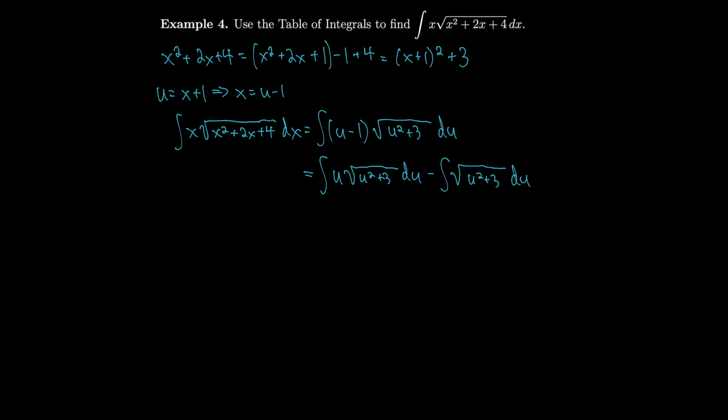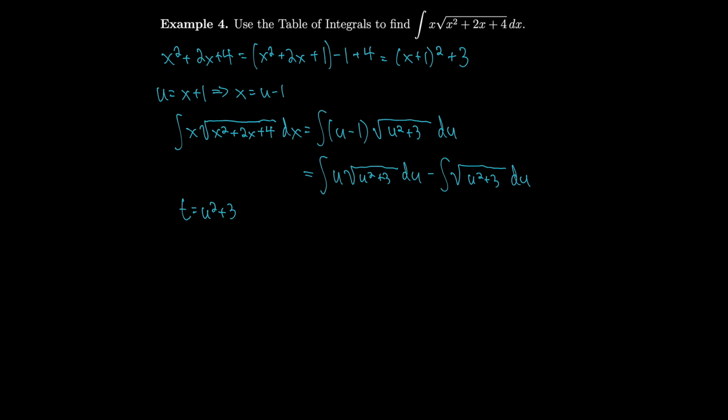So you might be thinking, okay, well, one is more complicated than the other one, but the more complicated one is actually easier to integrate because you could just do a u substitution and then you've got your du right next to it. Whereas over here, if you substitute for u squared, then there is no u nearby. So this is the one we're going to want to look at in our table of integrals. So first, let's do a u substitution for this one. We already used u as a letter, so how about we use t for this one? Let's let t equal u squared plus 3.